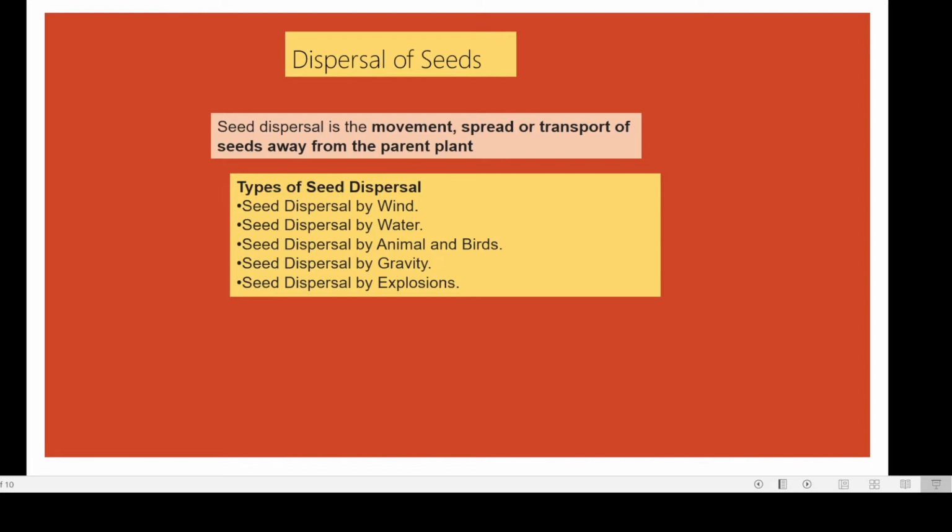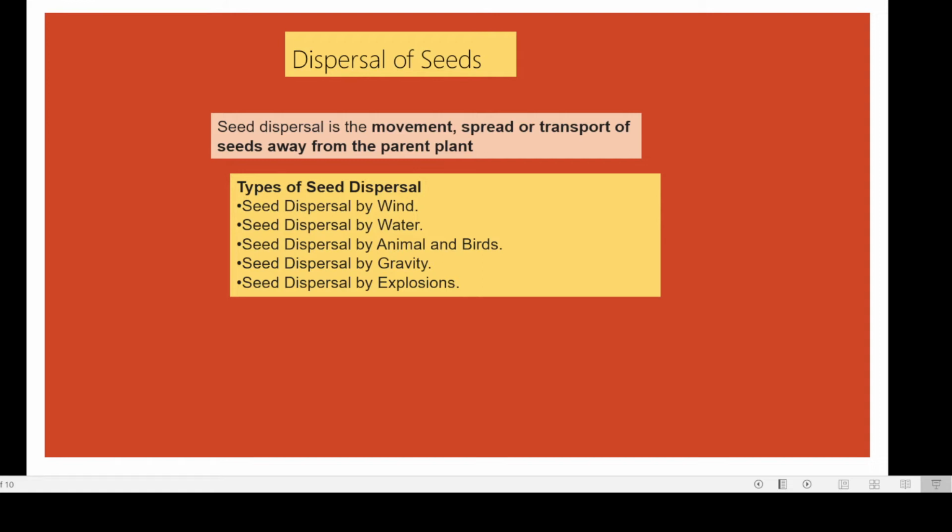For example, when the wind blows, the seed moves from one point to another, and after going there, a new plant develops. Water, which is a flowing object, carries seeds from one point to another.